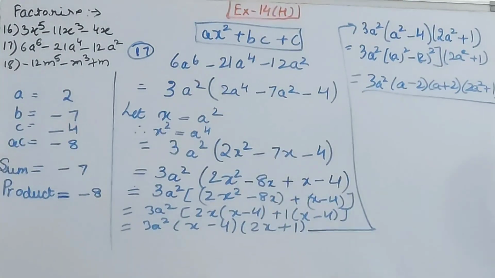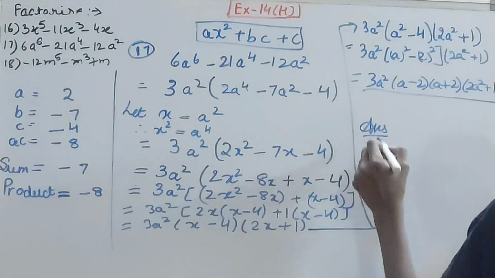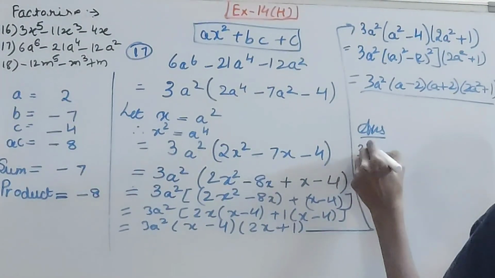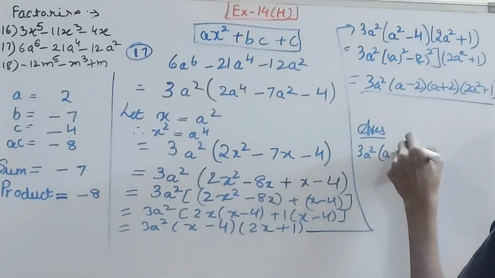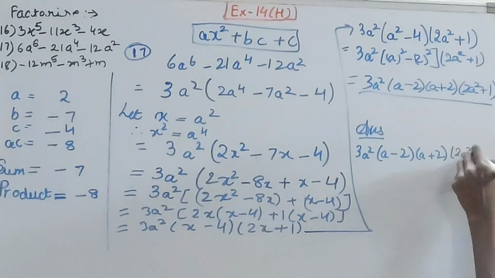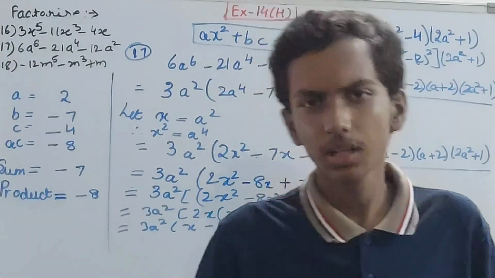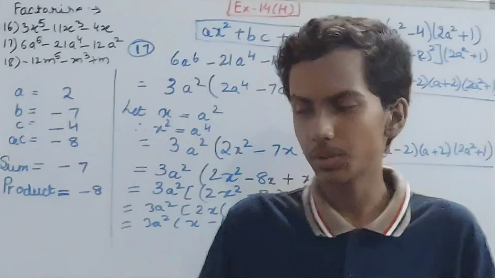And can you factorize any further? No. So the final answer that you will get will be 3a square into a minus 2 into a plus 2 into 2a square plus 1. Clear? That is your final answer. And now let us move on to the next question.